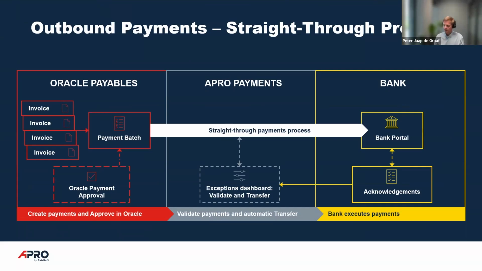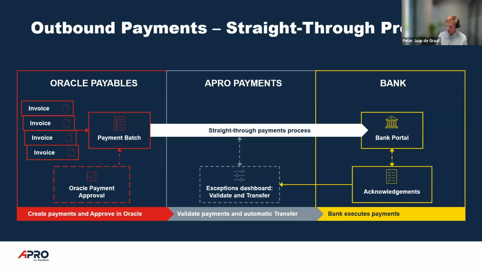And then from the bank, you could receive an acknowledgement file that everything is okay, or that some of your transactions are rejected. So what does APRO do? It can pick up the acknowledgement file, fetch it from the bank, and then it will reject the transactions which are not going okay, because maybe there's a wrong IBAN or a wrong currency used, or whatever.